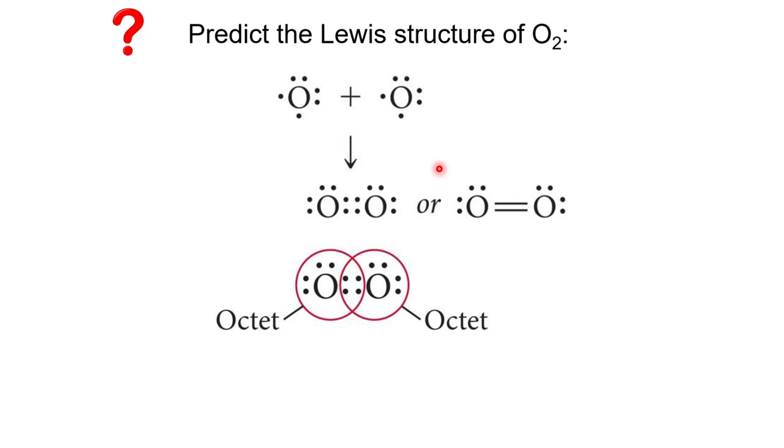So now we get a double bond. Here we have our octet: 1, 2, 3, 4, 5, 6, 7, 8 for this one, and then 1, 2, 3, 4, 5, 6, 7, 8 for this one. So we have a double bond between these 2 oxygen atoms, and 2 lone pairs on each oxygen atom.